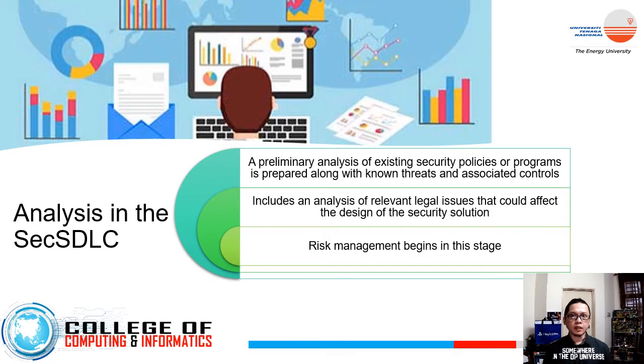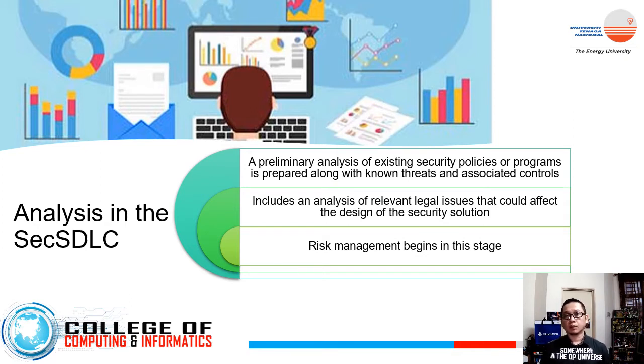Which of those measures can actually be improved and which measure can perhaps be thrown back or not used anymore, because perhaps we have losses that could be incurred if we continue to use those existing measures, or we have something to gain if we improve the measure that we have to a next level. So this includes relevant legal issues that could affect the design of the security solution.